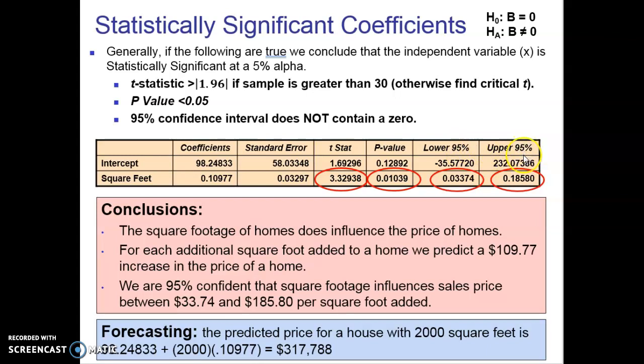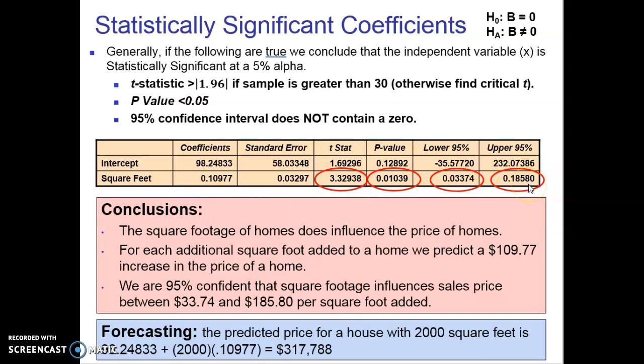So the lower confidence level is 0.03374. The upper confidence level is 0.1858. What does this mean? It means that based on our sample, we believe with 95% confidence that the true population coefficient is between these values, that this is the lower bound and this is the upper bound.